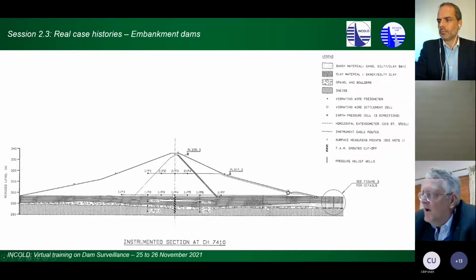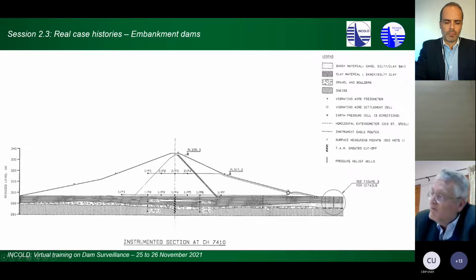The other issue was it's a thick alluvial layer. It was first proposed to have a clay cutoff, but the client said it's too expensive, and the designers came up with a solution of a tube-a-manchette grout curtain that goes into the solid rock. If I remember correctly, it's like a 15 or 20 meter deep alluvial plain.